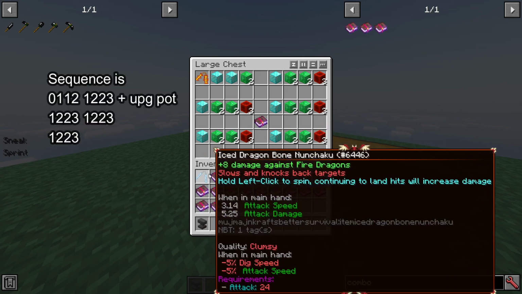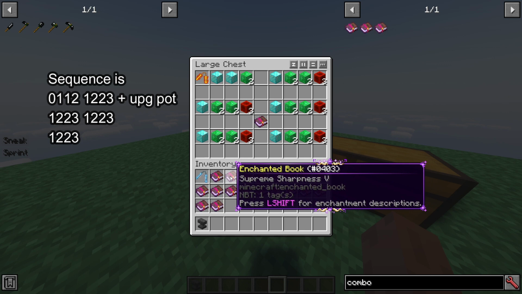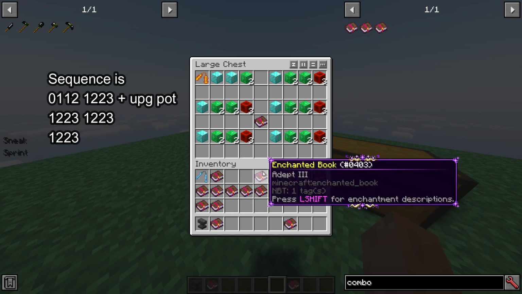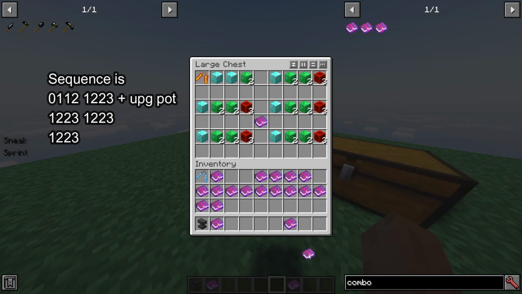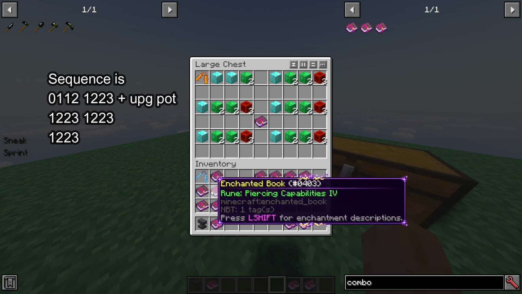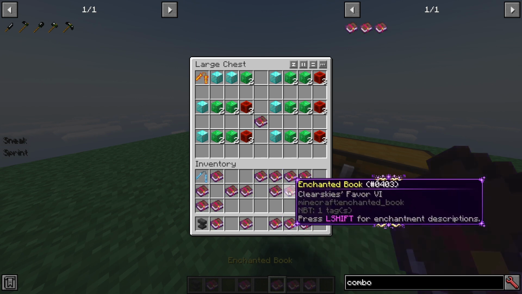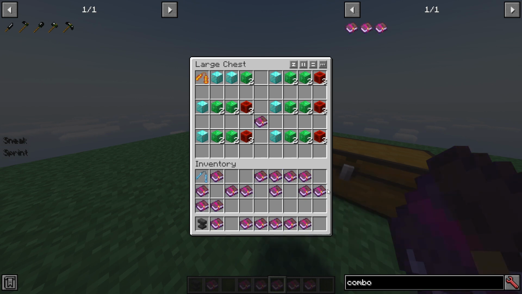Now, what are our most expensive enchantments? Supreme Sharpness is 20, Advanced Looting is 12, Ash Destroyer is 10, Supreme Fire Aspect is 8, that's 16, Axe Slash is 12, Clear Skies is 12.